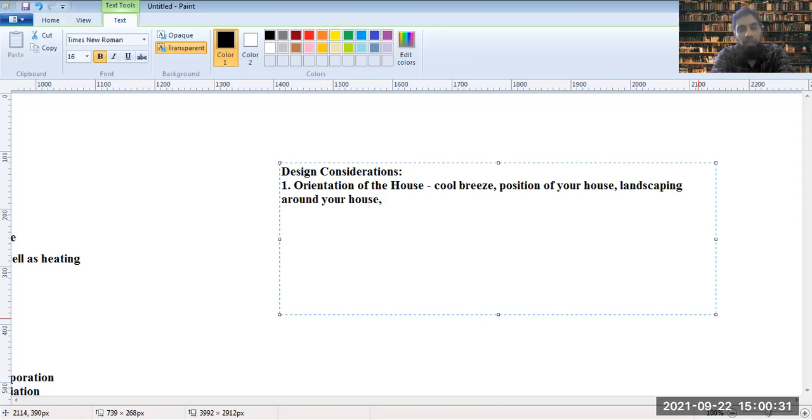So बाकी buildings, outside buildings, outgoings or out buildings, उनकी लोकेशन कहाँ पर है, to the breeze that is blowing, that is important. So what comes out from this is that the orientation of the house and the position of the house is very important in terms of design criteria for thermal comfort as well as for proper ventilation requirements of the house.